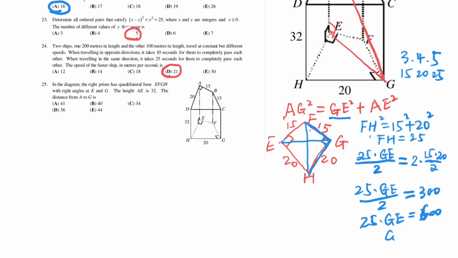So GE equals 24. Now we have all we wanted.